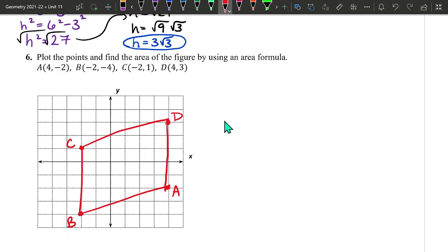All right, so this is a parallelogram. So the area equals base times height. So it's going to be blank times blank.